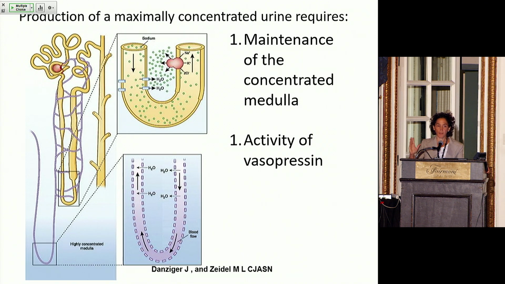So if you block that, then you cannot maximally concentrate the medulla. And then when ADH has its effect, you won't be able to make urine that's 600 milliosms per liter. You'll only be able to make urine that's about 300, which is much, much easier to manage in a patient with SIADH.